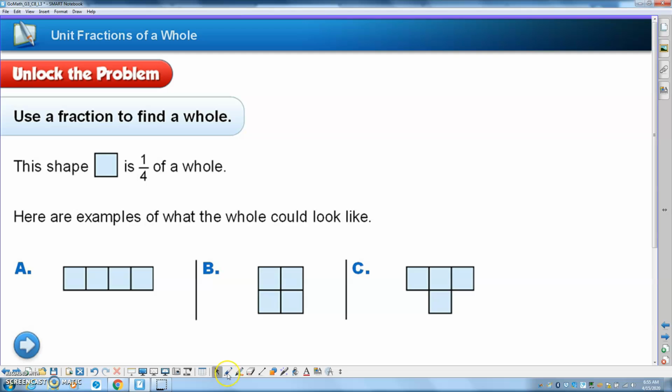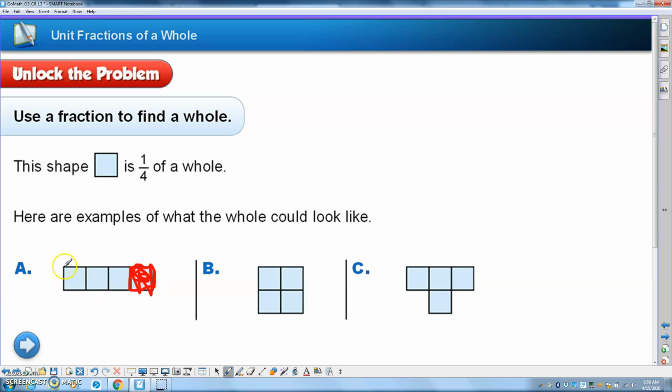And if we were to shade in, let's see if I can do a better job than last time. Let's do red this time. So this would be 1. Not wonderful, Mrs. Jarvis, but good enough. So we have 1 out of the 4 pieces shaded.